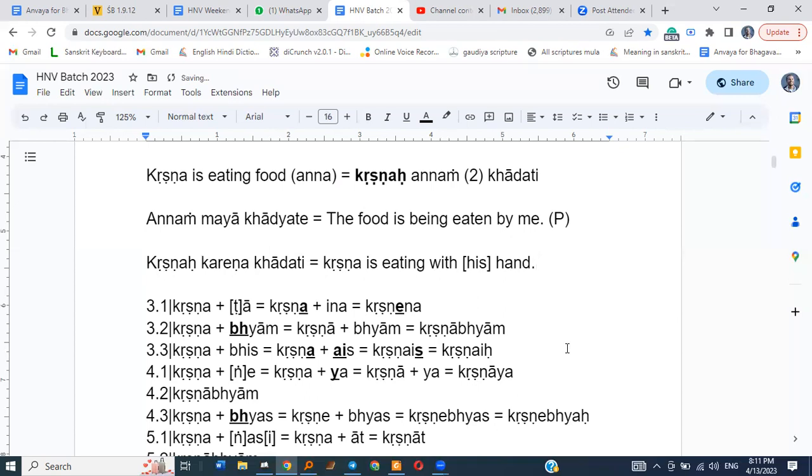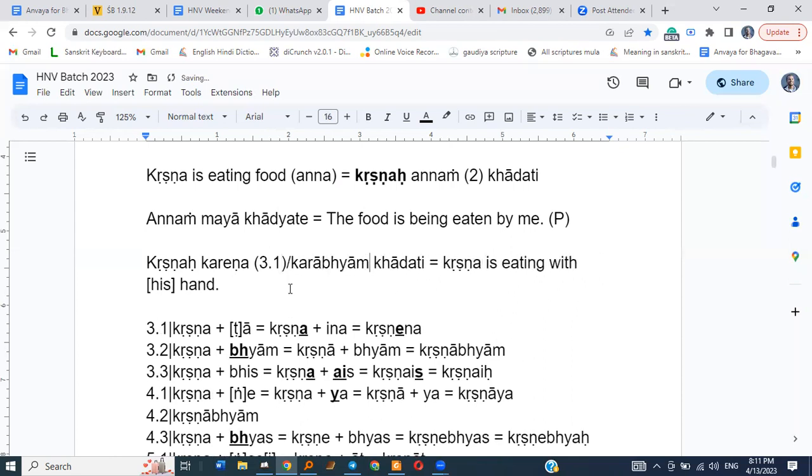Krishna is eating with hand. So this Karena takes the Tritiya. Of course, this is singular. And if we say Krishna is eating with two hands, then it would be Karabhyam. So Krishna is eating with hands.